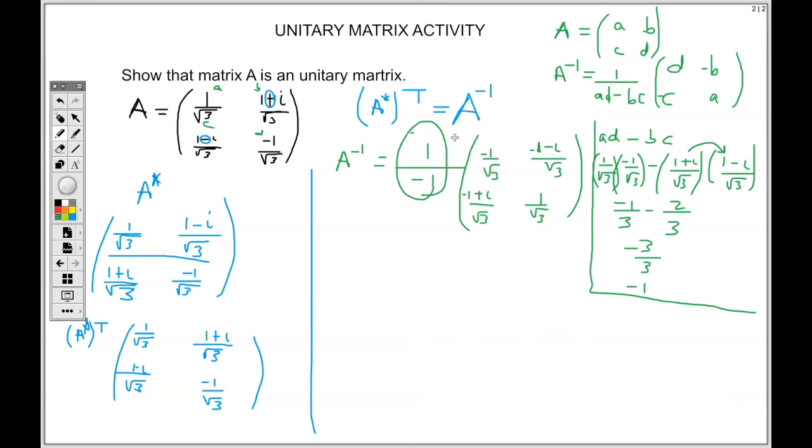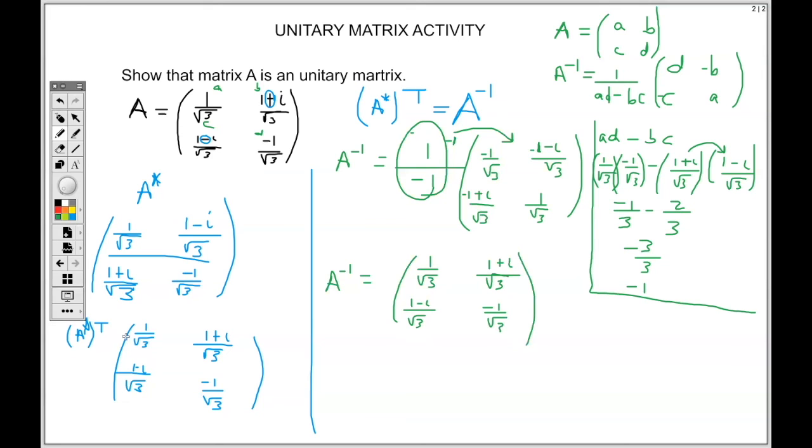And this is multiplied by negative 1. So when I have negative 1, everything changes signs. So what I will have is 1 over root 3, so this will become positive. And the next one I'm going to change, so I have (1 plus i) over root 3. And then here I will have (1 minus i) over root 3. And then the next one I will have minus 1 over root 3.